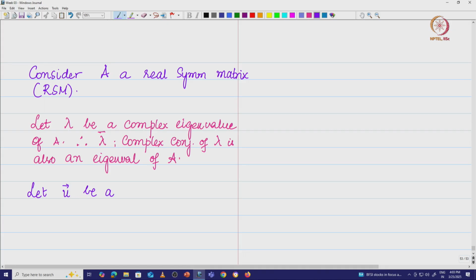This could be a complex eigenvector, so let U be an eigenvector, possibly complex, associated with lambda, because we have already taken lambda to be the complex eigenvalue.